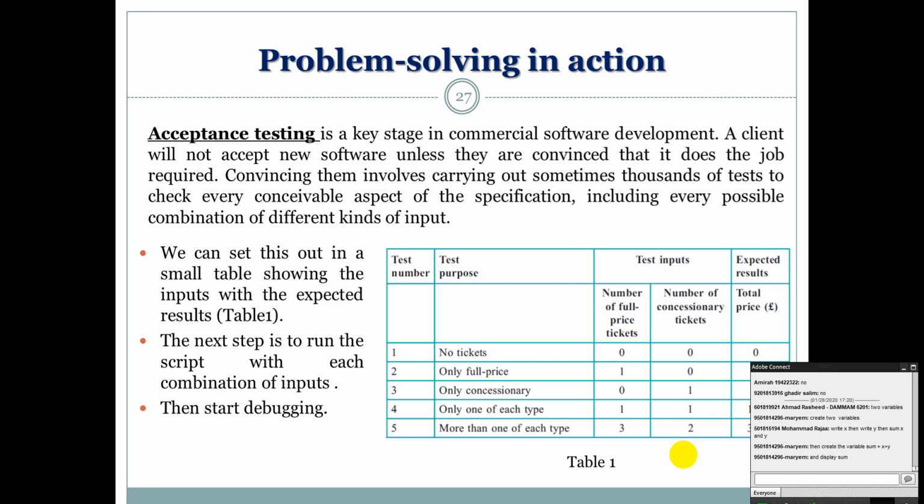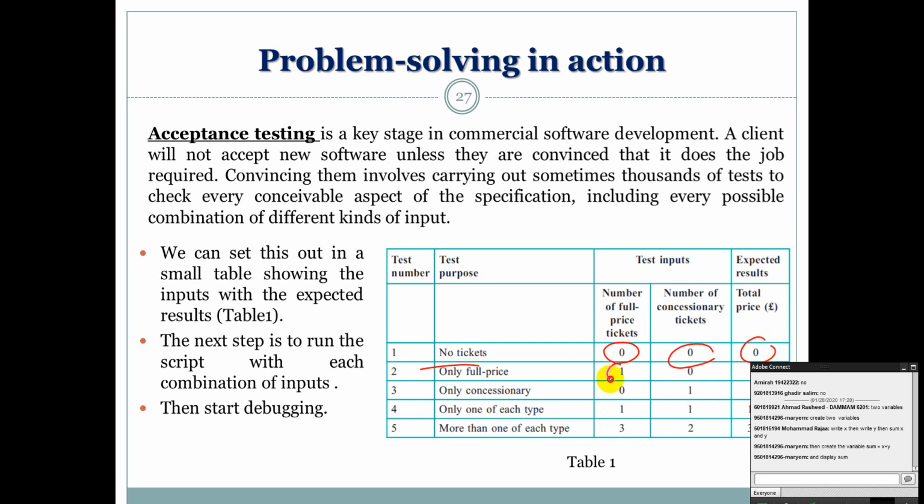So in this case, we test if there are no tickets, the number of tickets is 0, the number of concessionary tickets is 0, the total price must be 0. So we check it: we give the number of full price tickets 0, concessionary tickets 0, the result is 0.